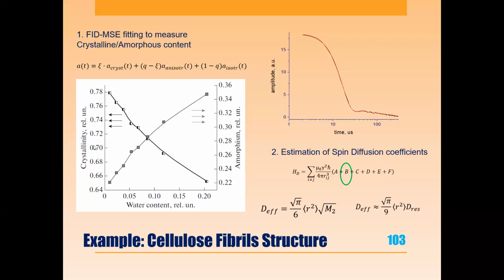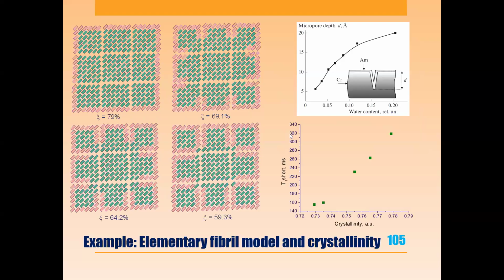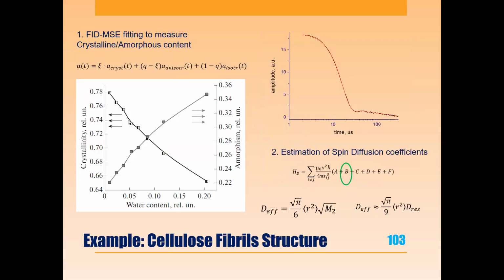So first, we measured the crystallinity, and hence we also measured amorphicity using the second moment. Second moment, we already discussed this, using the fitting of the function with a certain model. And then we calculated the contribution of the crystalline part, which becomes lower with the increase of relative humidity of the sample.